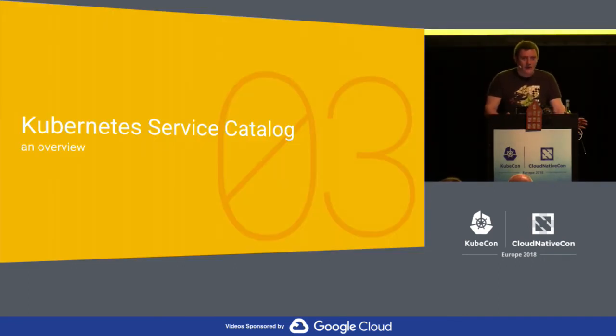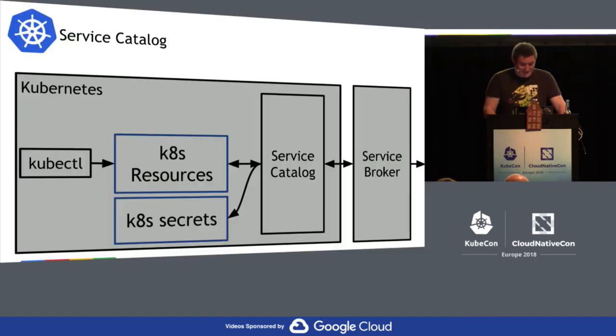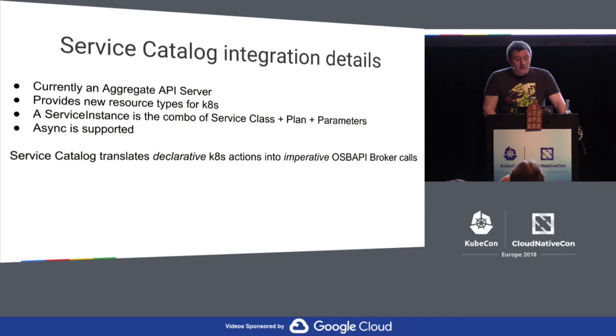So quick service catalog. This is going to be super quick. Feel free to ask questions. So you have that service broker, and it may or may not be inside of Kubernetes directly. And then service catalog is running inside of Kubernetes, and it's part of the aggregated API. It's an API server, so it extends Kubernetes with some new nouns and verbs.